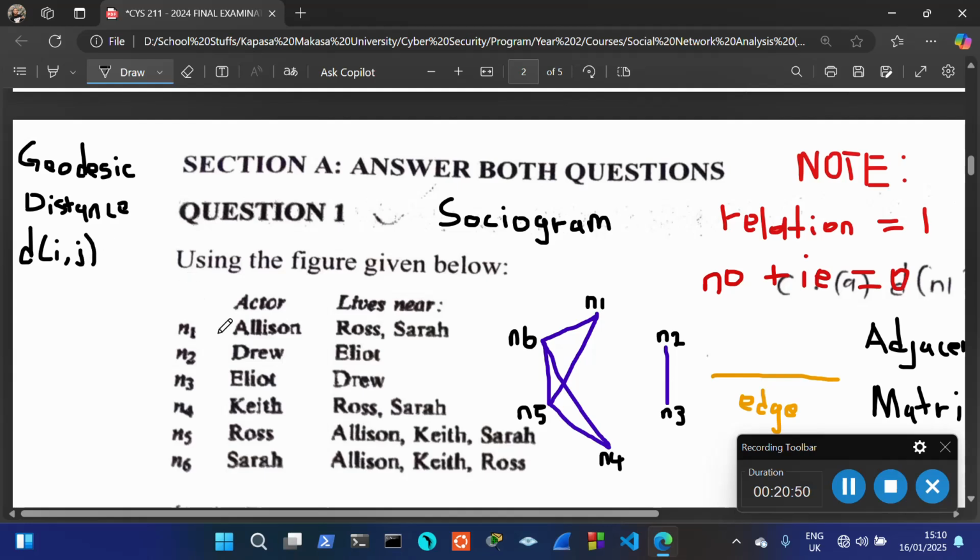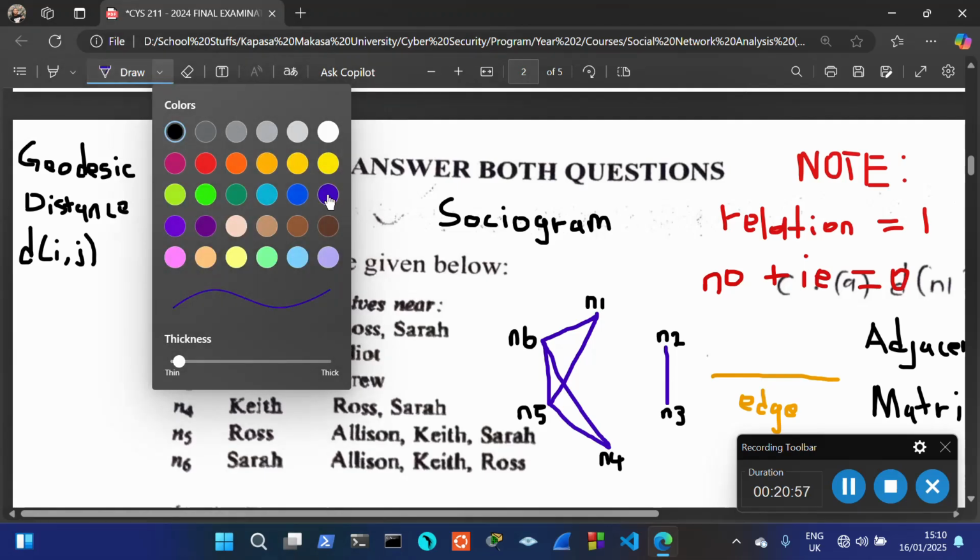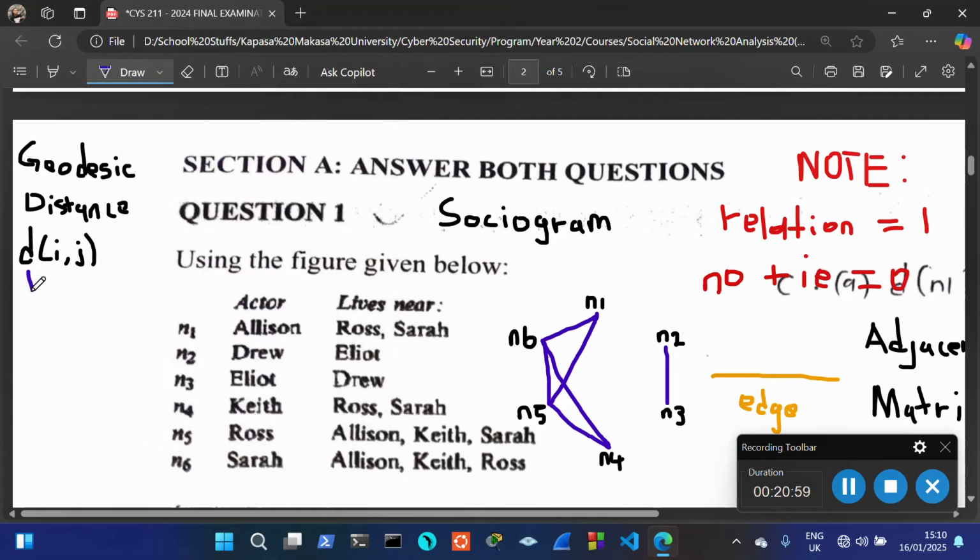For example, we can only consider two nodes at once. So now we start looking at our geodesic distance. We denote it by d, then we put a node. Let's start concentrating with N1. Let's follow the sequence: we can have N2, so N1 has a relation with N2. We put an equal sign.